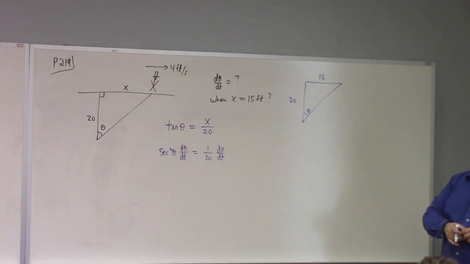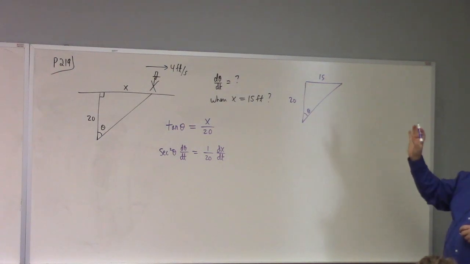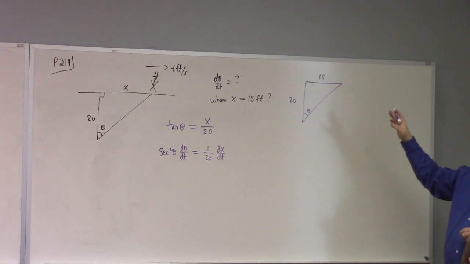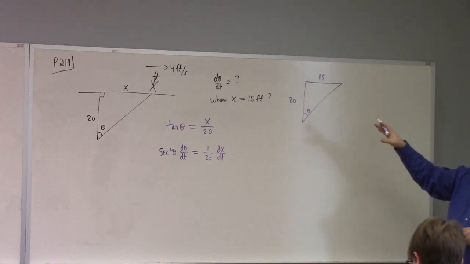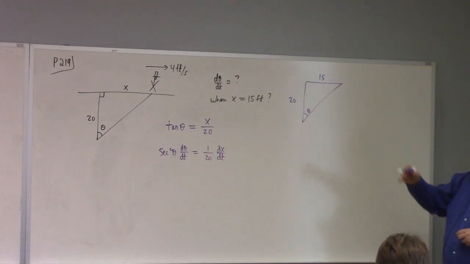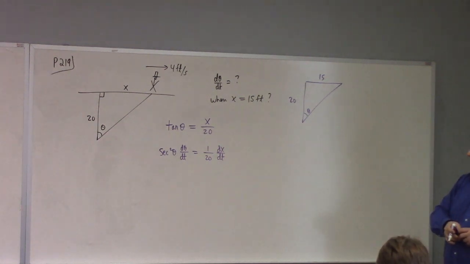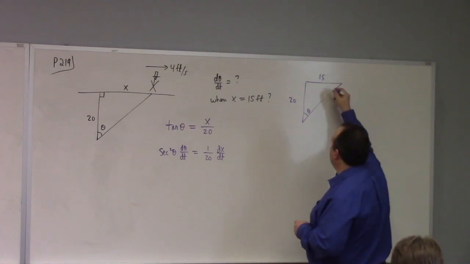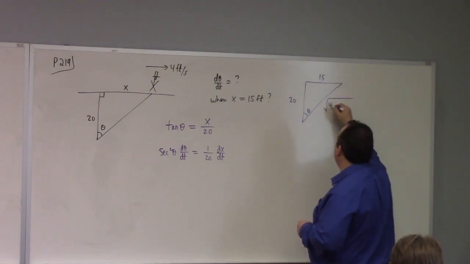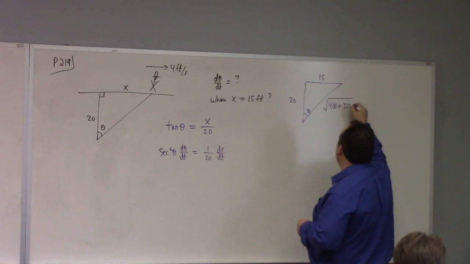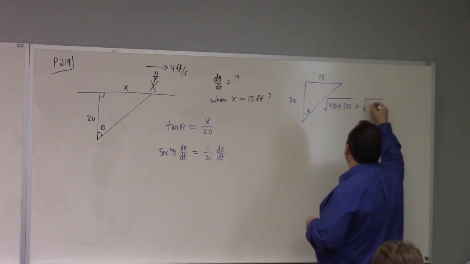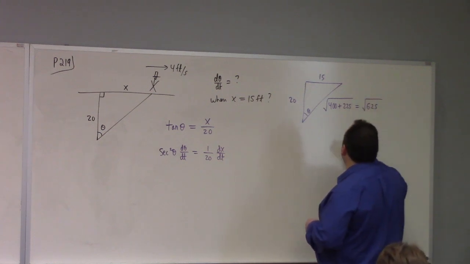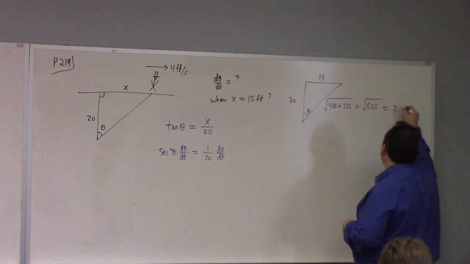So there's various ways to go here. One way would be to find a good approximation to the angle using the trig functions on your calculator. Then you could put that into the secant squared and figure out what d theta dt is. The other way would just be to use right triangle trigonometry. So this would be what? The square root of what? 400 plus 225. So the square root of 625, whatever that is. Oh, it's 25. Cool.